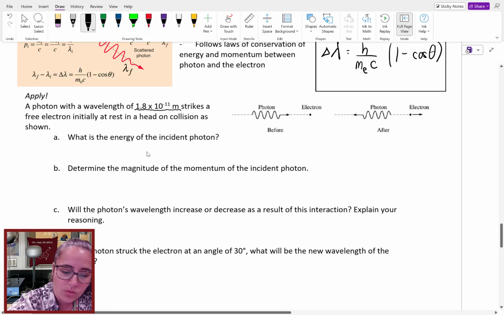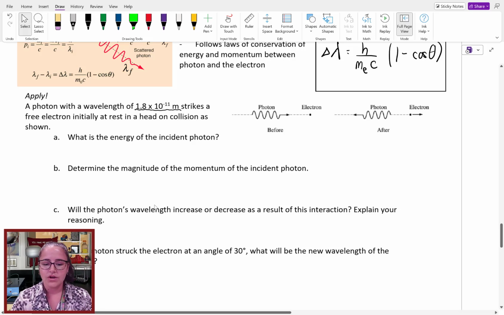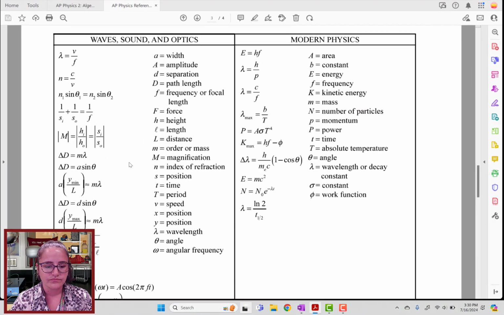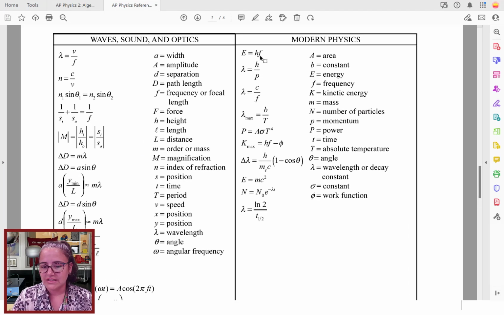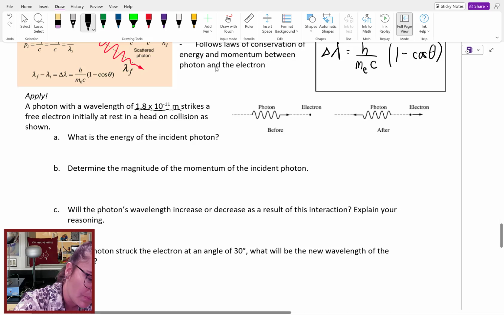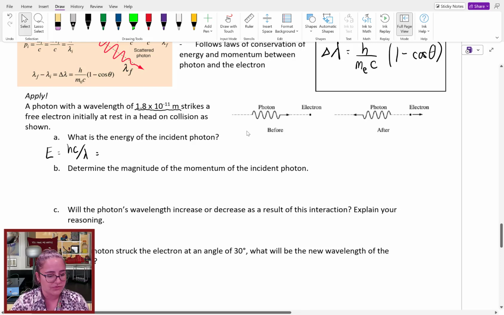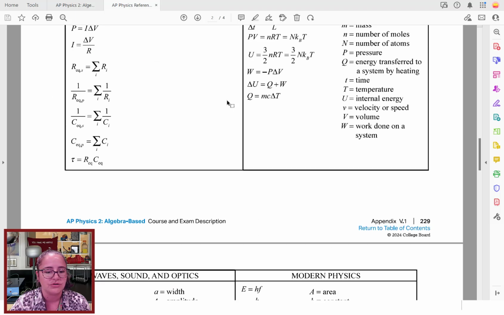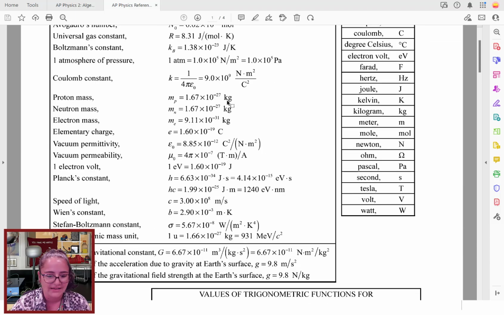Well, we have the wavelength of the photon, so the easiest way to get its energy will be E equals hf, where f is the frequency. And we can also represent the frequency as c over lambda. That gives us the equation that we use probably most often in these, hc over lambda. And hc, remember, is also on your equation sheet. You do not need to have all of these constants memorized. For some reason, our equation sheet gives us both h and hc, which is really nice.